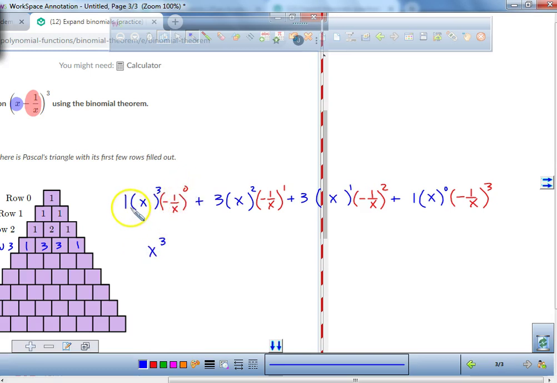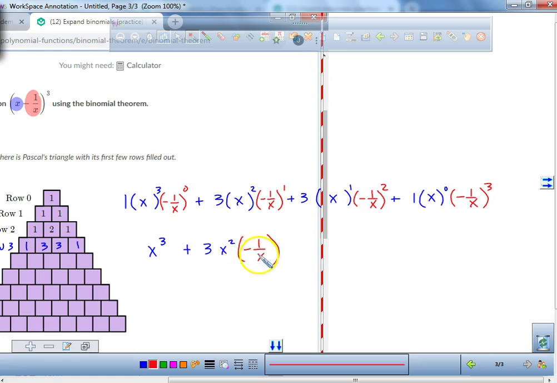There's a 1. Okay. And this one's going to be a little bit trickier, but plus, I have 3, I have an x squared, but what is that being multiplied by? A negative what? 1 over a negative 1 over x, correct?